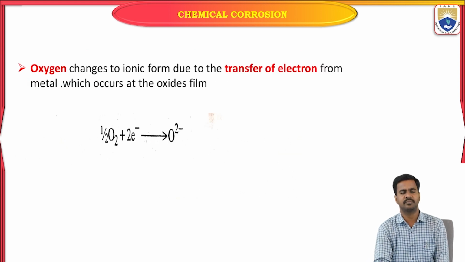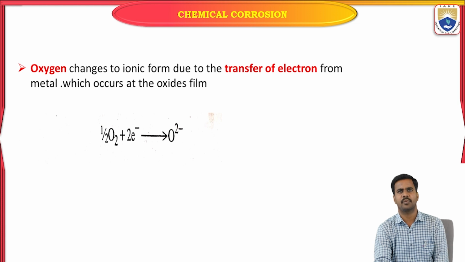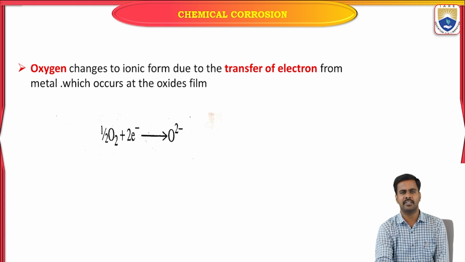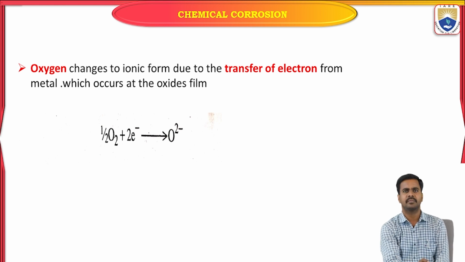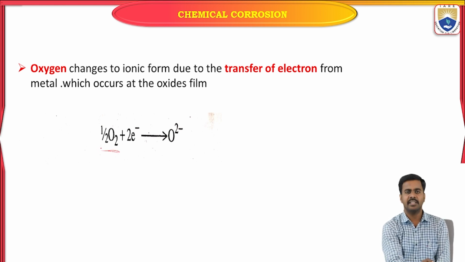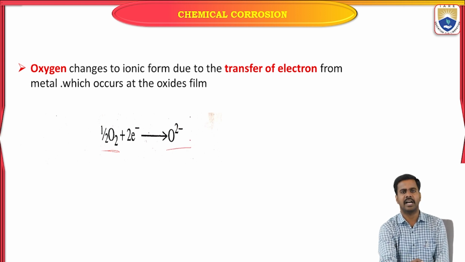Next step: oxygen changes to ionic form due to the transfer of electrons from the metal, which occurs at the oxide film. So in the second step, oxygen present in the gaseous state is converted into oxide ion.